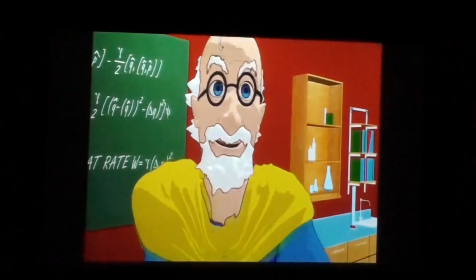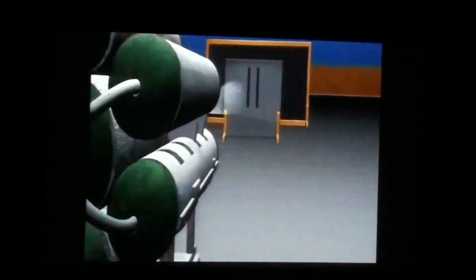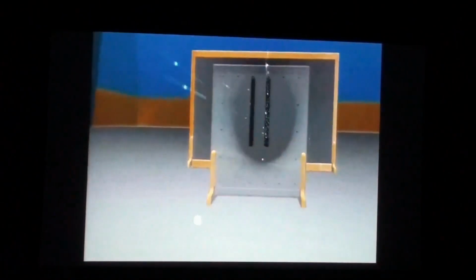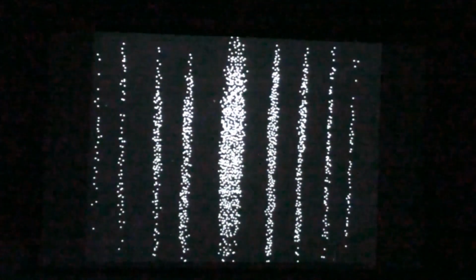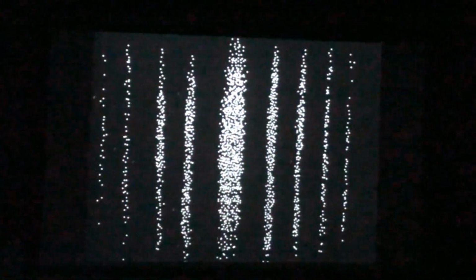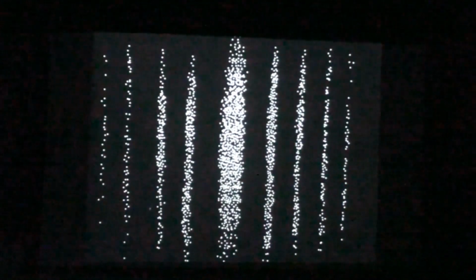What? An interference pattern. We fired electrons, tiny bits of matter through. And we get a pattern like waves, not like little marbles. How? How could pieces of matter create an interference pattern like a wave? It doesn't make sense.